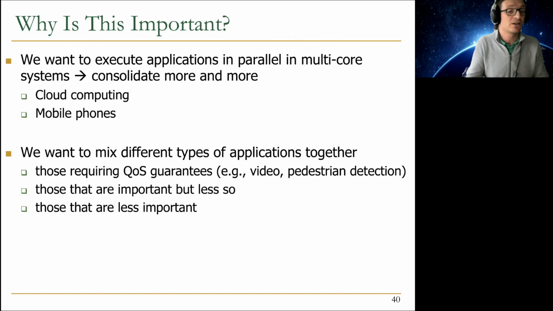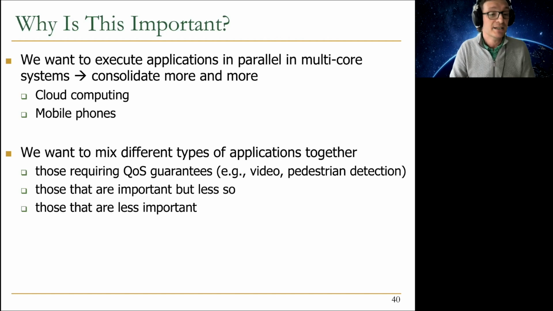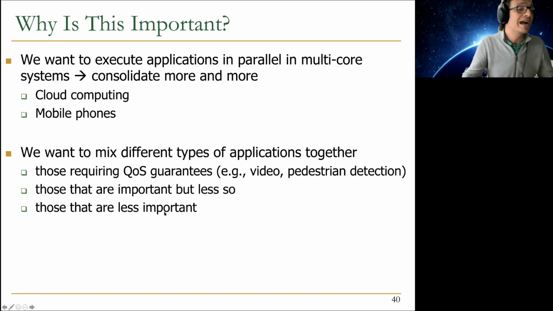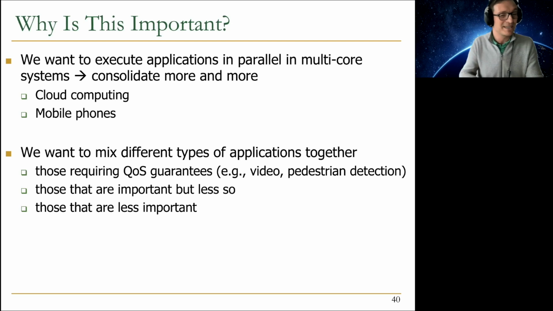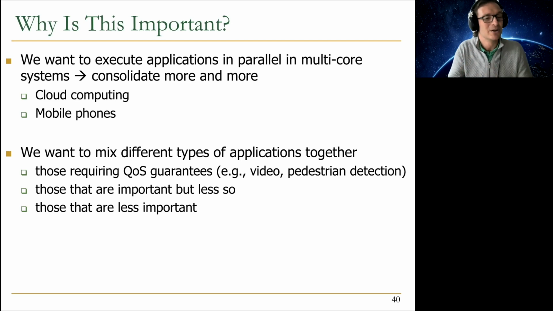You don't have all the resources in the world, right? But then there may be others that are important, but less so, and there may be others that are less important, right? Your virus checker can run once in a while. It doesn't need to be hogging resources when you're trying to detect pedestrians, right? Of course, take that analogy with a grain of salt, because sometimes you really need to have the attack detector running also concurrently with your, let's say, machine learning pedestrian detection, as we discussed last time, right?